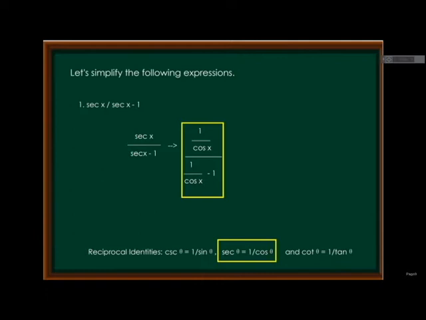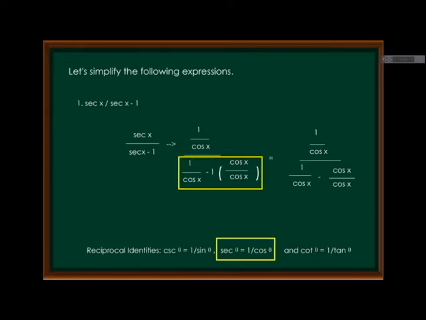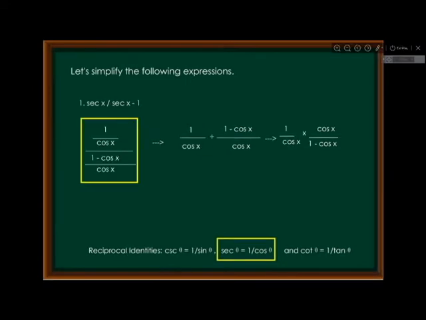Now, we have to combine the denominator into one fraction by multiplying 1 by cosine over cosine. After we multiply it, we will get 1 over cosine over 1 over cosine minus cosine over cosine. But we still have to simplify it further, so it will become like this. 1 over cosine over 1 minus cosine over cosine.